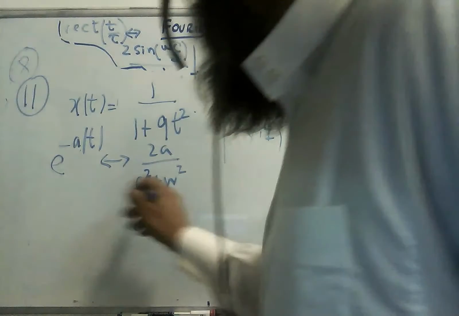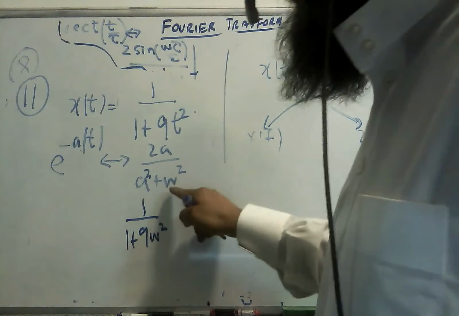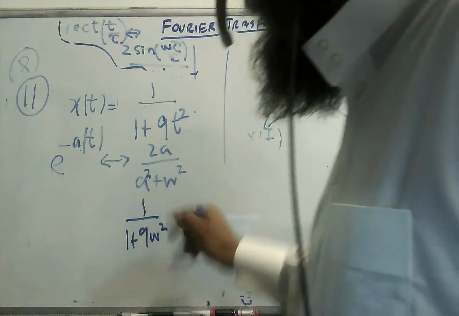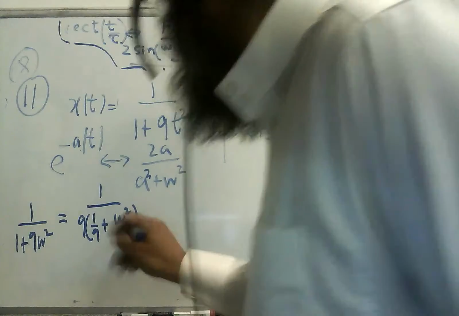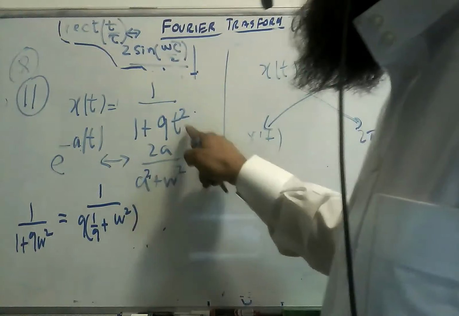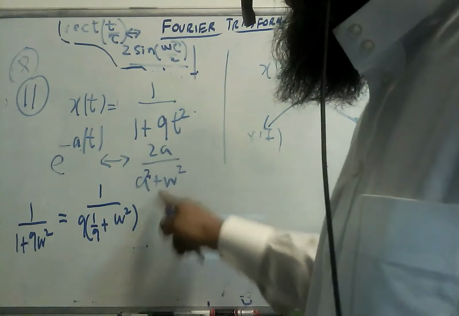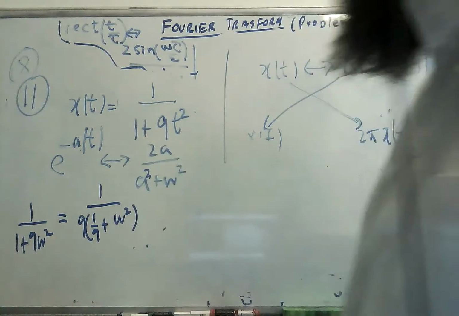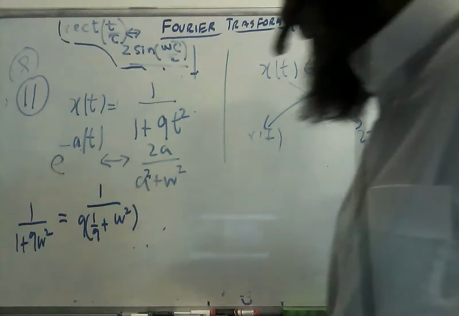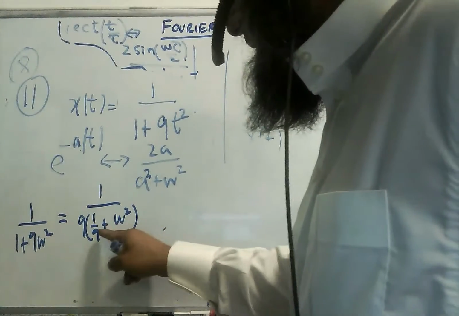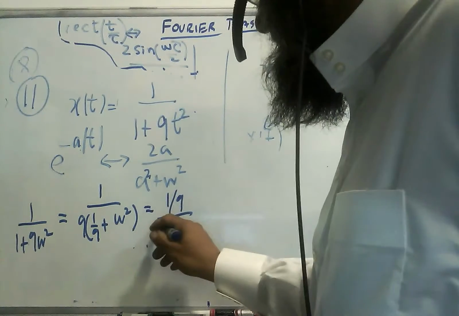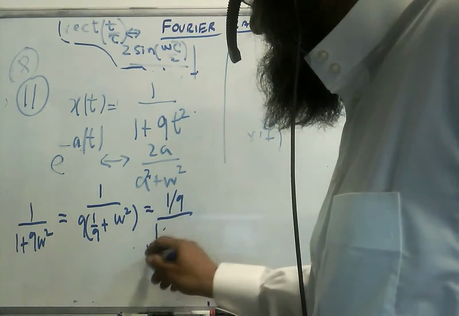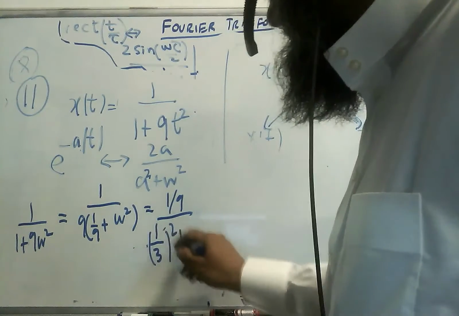So I need to bring this in the form of this function. So I have 1 over 1 plus 9 omega square. I need to bring this in the form of this omega, so that I can apply the rule. So this is equal to 1 over 9, 1 over 3 square plus omega square.